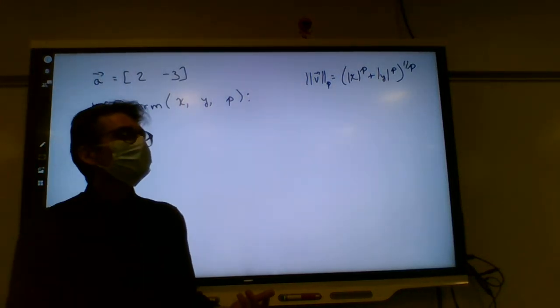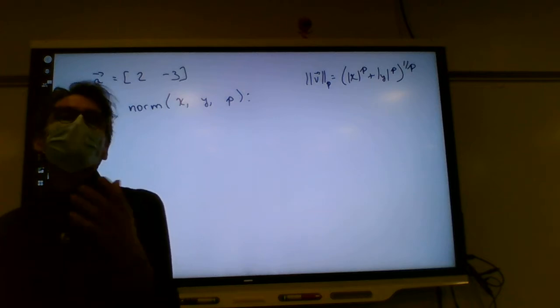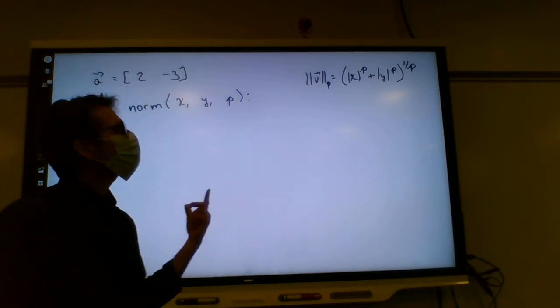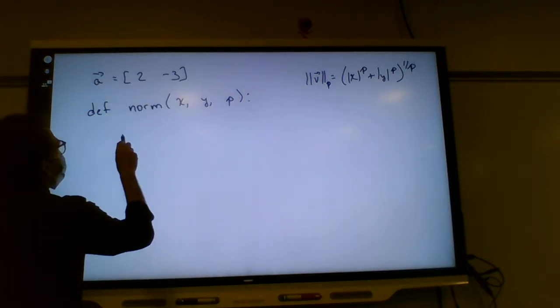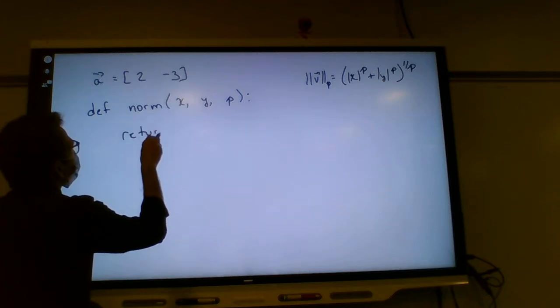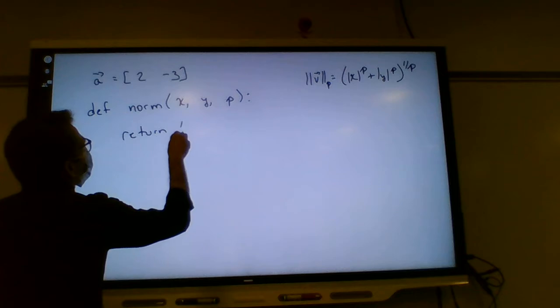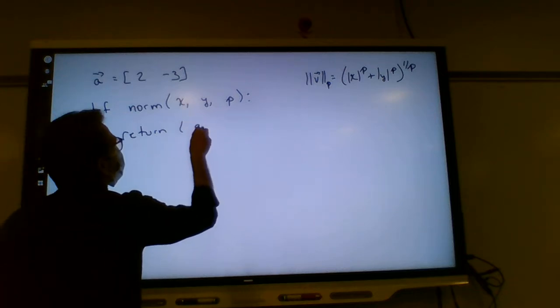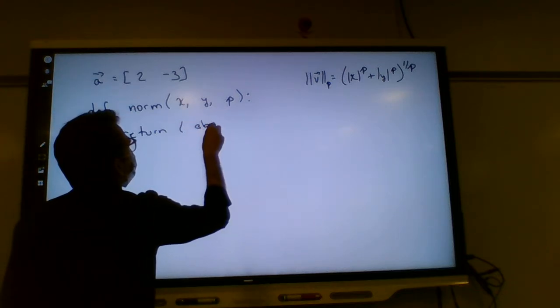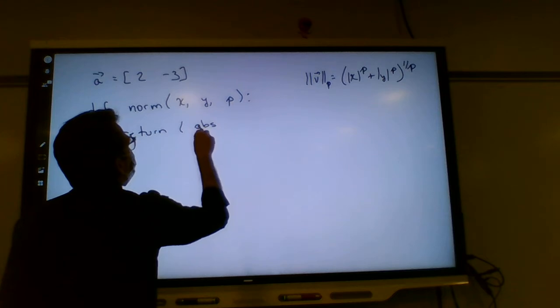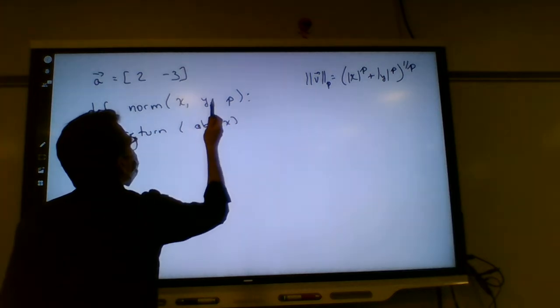So in a typical function, we want a docstring and other things. But this time, let's just see what we're looking at. What do we want to return? Well, we need the absolute value of x.